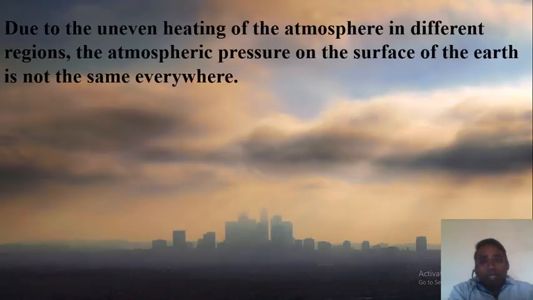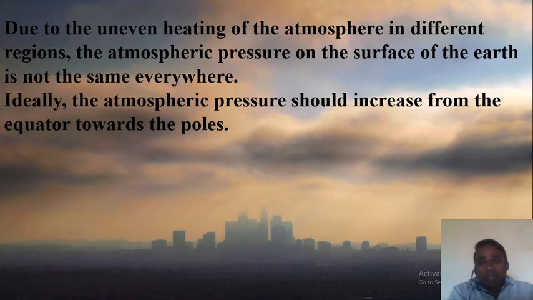Due to uneven heating on the earth, in different regions of the atmosphere, the atmospheric pressure on the surface of earth is not the same everywhere. Ideally, the atmospheric pressure should increase from the equator towards the poles, so that the poles would have the highest pressure and the equator would have the lowest pressure, because we have direct sun rays falling on the equator.